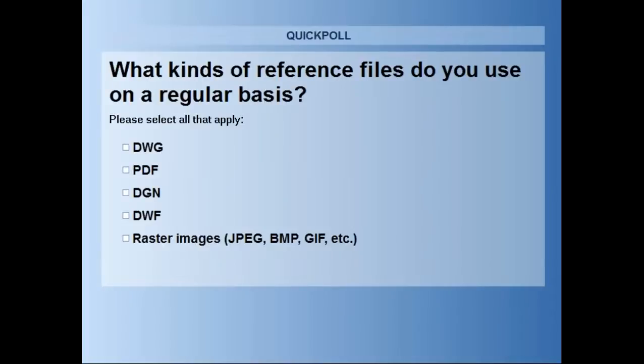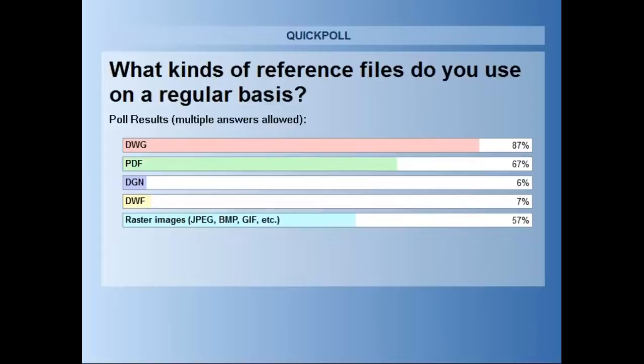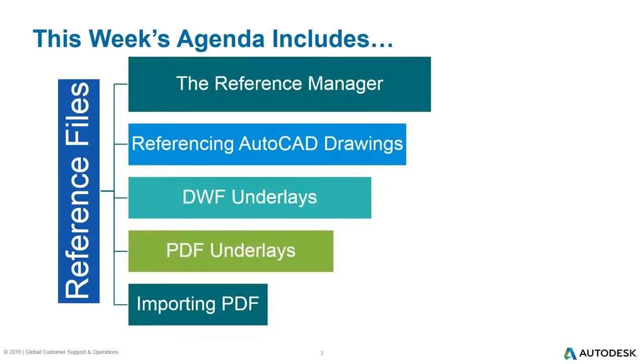That's quite the DWG, I was expecting a high number on that. PDF, yeah, and raster images. So the only thing we're really not going to cover in this webinar are DGN and raster images. Those are topics by themselves. So let's go ahead and close this poll.